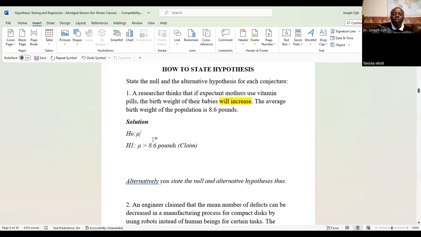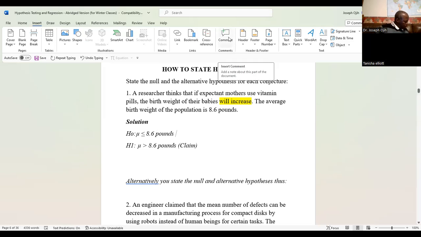But the problem is that you cannot use the less than symbol in the null. You can only use the less than or equal to symbol in the null hypothesis, which is 8.6 pounds. And that's it. We have stated the hypothesis. Any question?